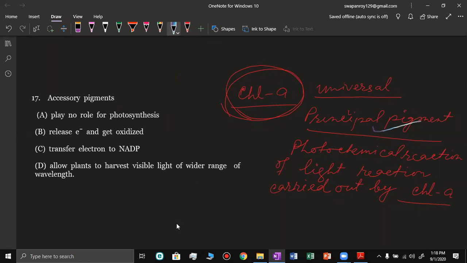And the rest of the pigments are chlorophyll B, then carotenoids. Actually, carotenoids include carotene and xanthophyll.